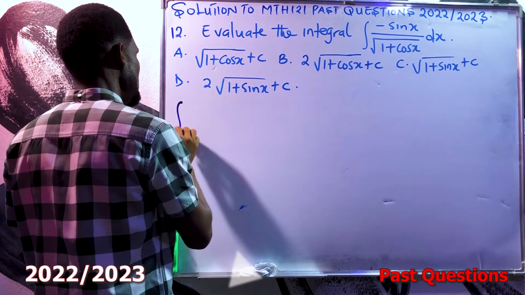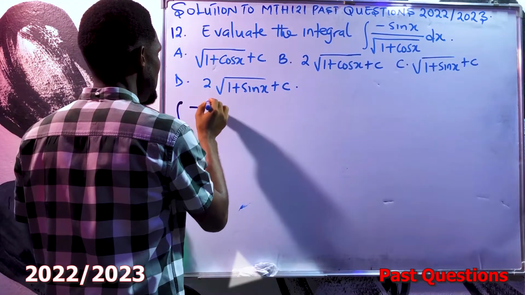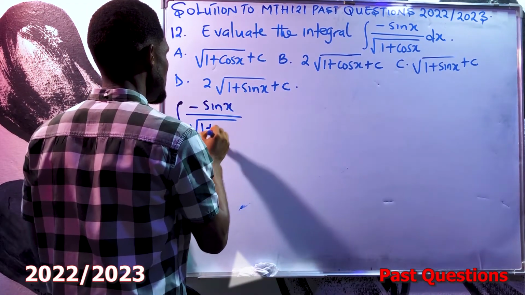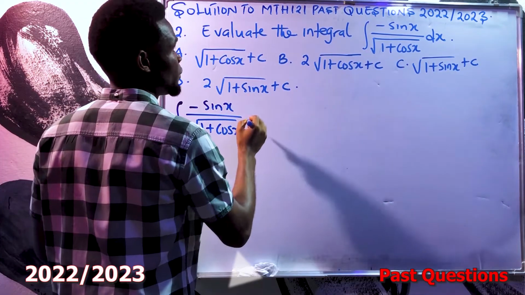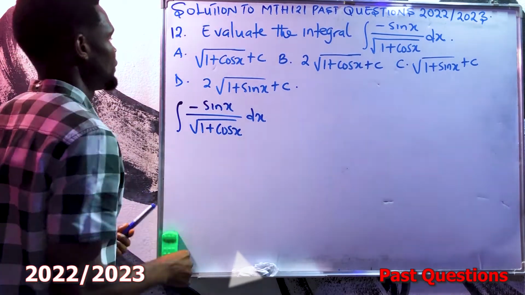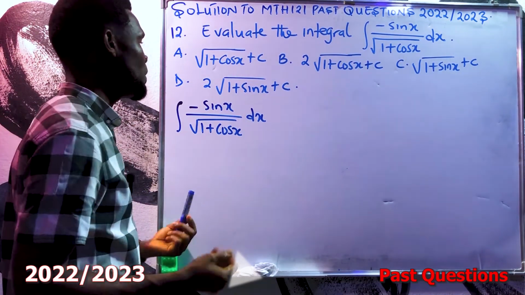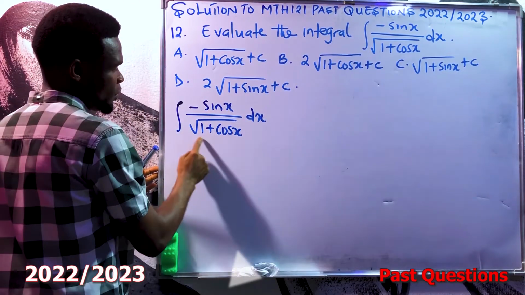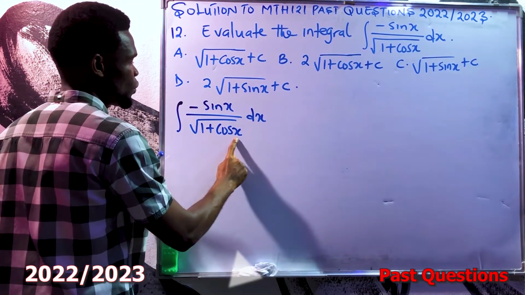We have the integral of minus sine x all over root 1 plus cos x dx. I want to integrate this. So we are going to use integration by substitution, whereby if you look inside the square root sign, you have 1 plus cos x.